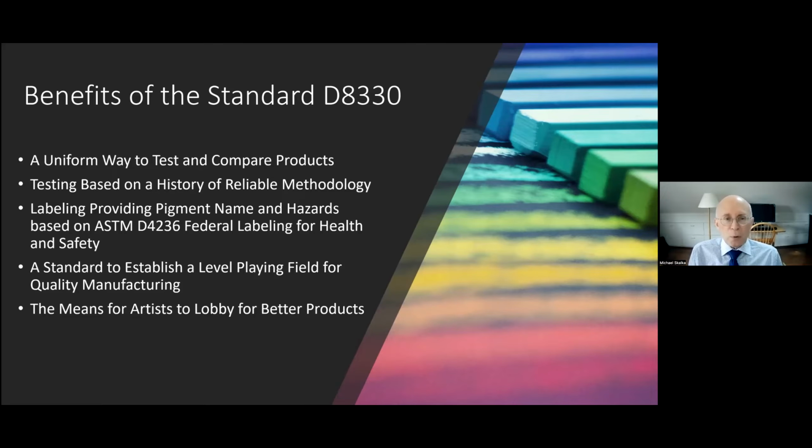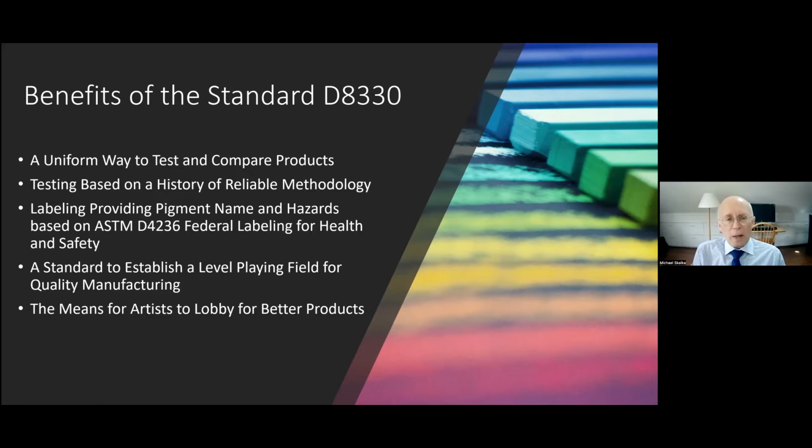So we need a uniform way so that everyone can use the same test. It's based on a reliable methodology that's created so that testing can proceed and everyone's basically on the same page, on the same playing field when doing the test, because there's no use making different tests where one test tests very well and another doesn't, but you'll claim that your materials test well when you use a skewed test.